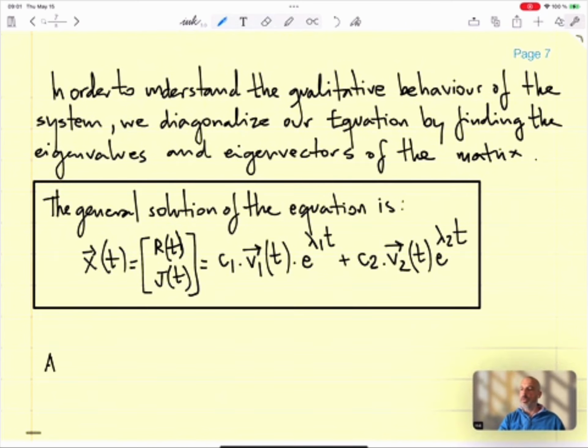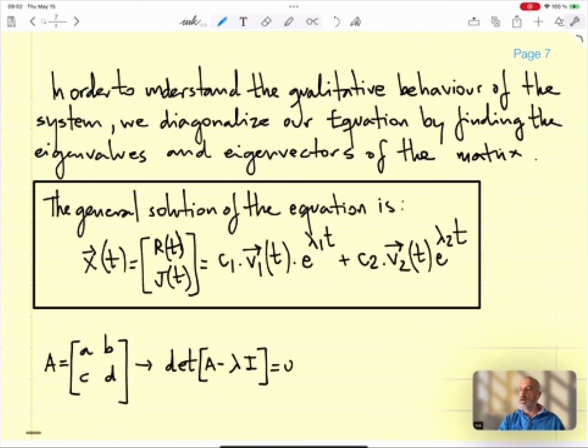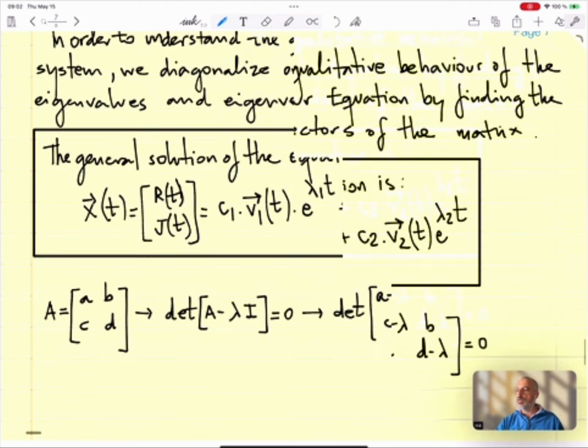So we have our matrix A, B, C, and D. So we can say the determinant of A minus lambda I equals 0. This is the determinant of the matrix A minus lambda, B, C, D minus lambda, equals 0.